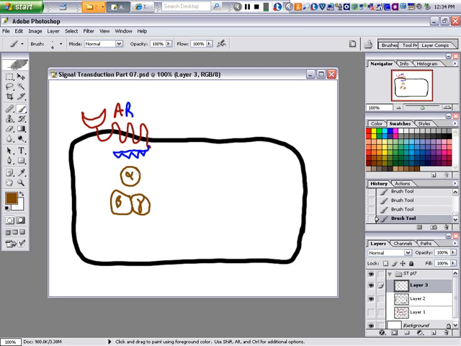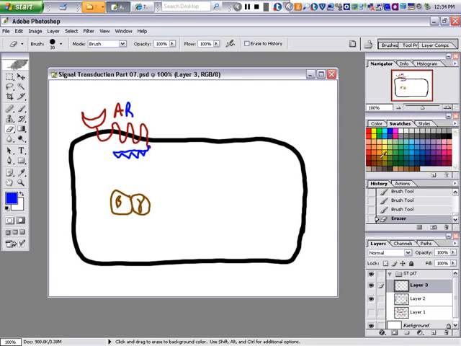And now when the alpha is active, what's going to be attached to it? GTP.